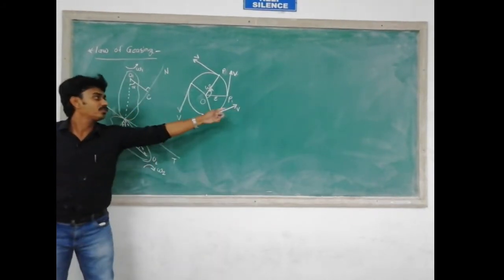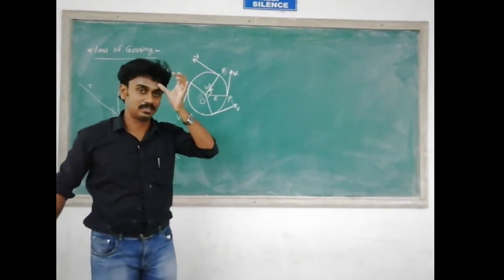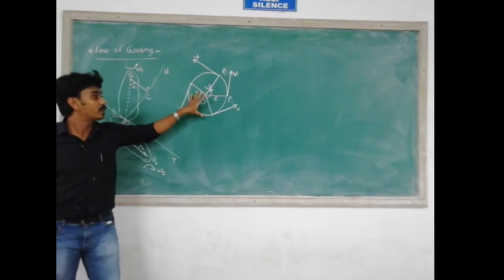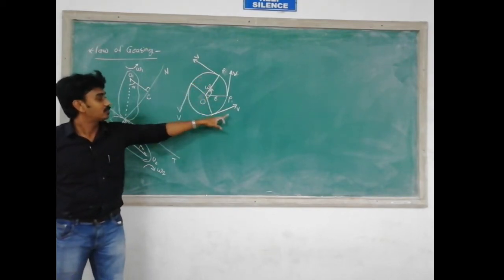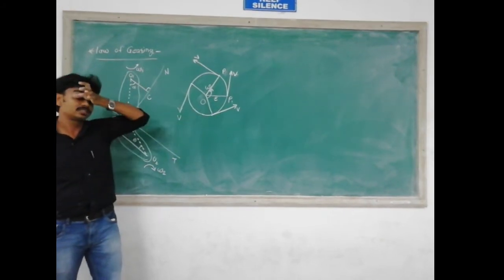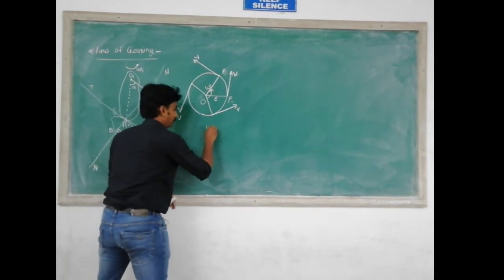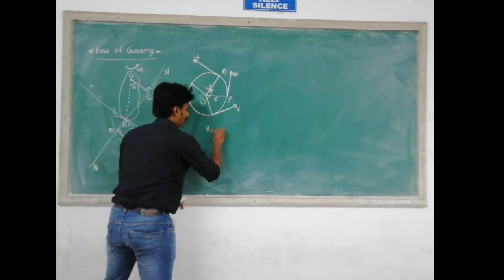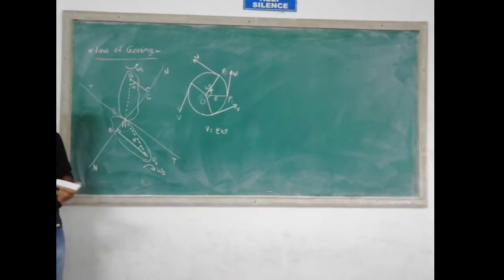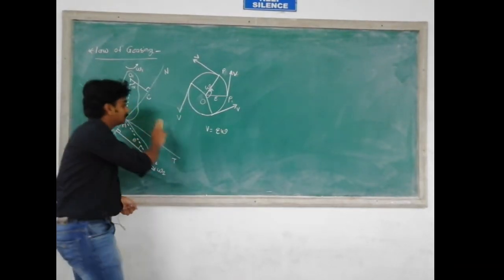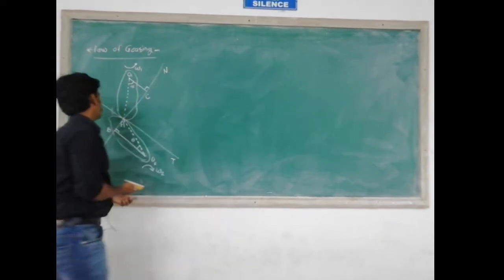Means the direction of the velocity is always perpendicular to the radius of the circle. Whatever the center, the velocity's direction is perpendicular to its radius, and the magnitude of this velocity will be radius into angular velocity.